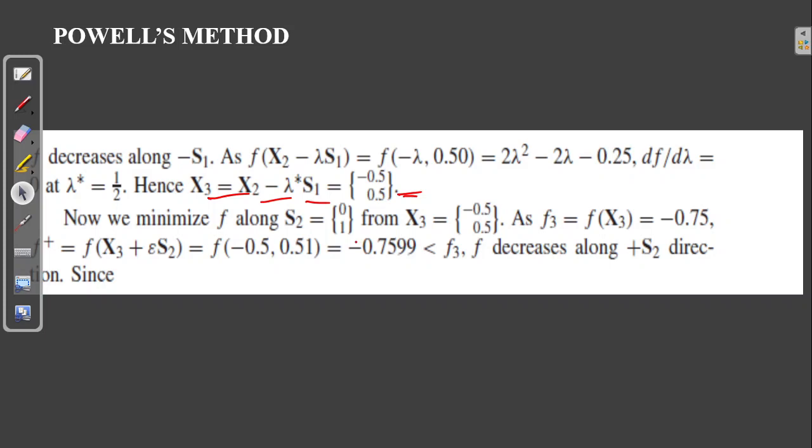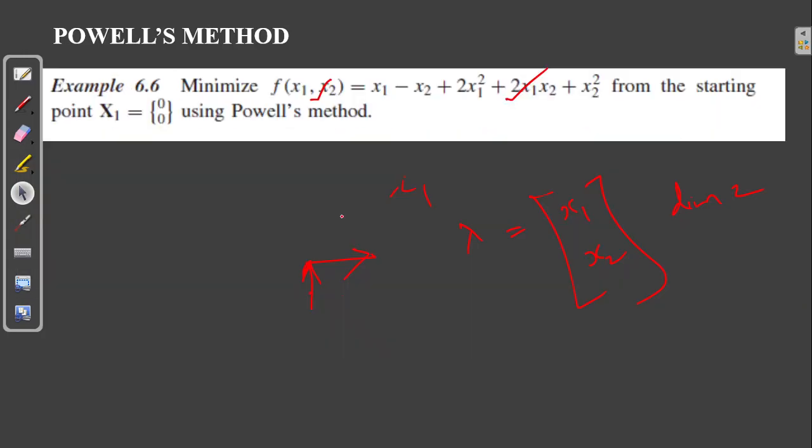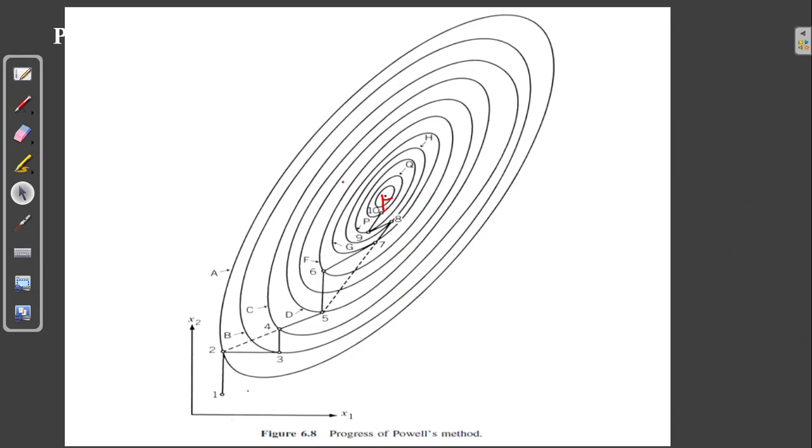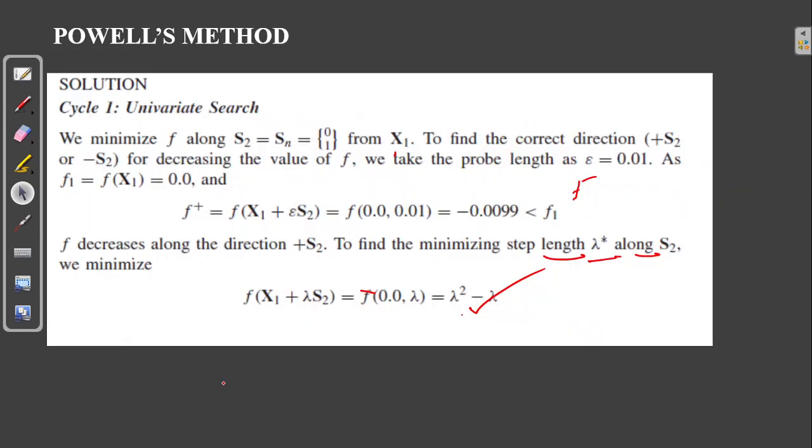Now again we minimize in the x2 direction. That is what Powell said: first in the x2 direction, then in the x1 direction, then again in the x2 direction, so that a conjugate direction like this is obtained.